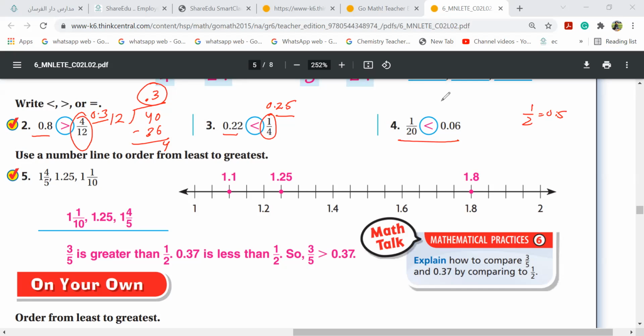Now 1 over 20. How do you do 1 over 20? Point 0. Again a 0 and a 0. 25 is 100. It's 0.05. 0.06. Of course, 0.06 is greater. Can I explain this again, girls? How did I get 0.05?